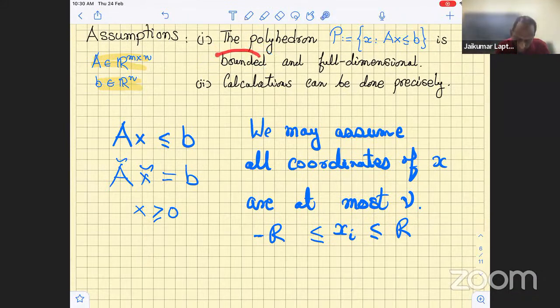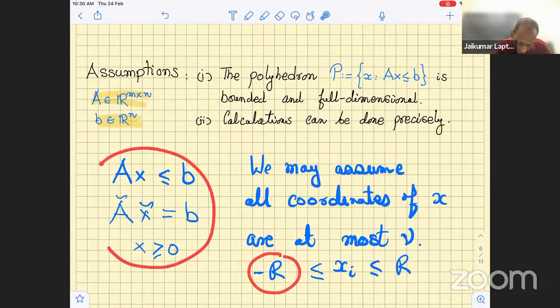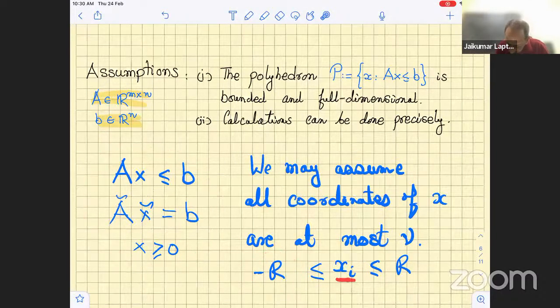Is this clear? So you look at the system of inequalities that you have got. From that, you think about it either in this way or in some other way, and find out that if there is a feasible solution, there is one whose values are at most this.